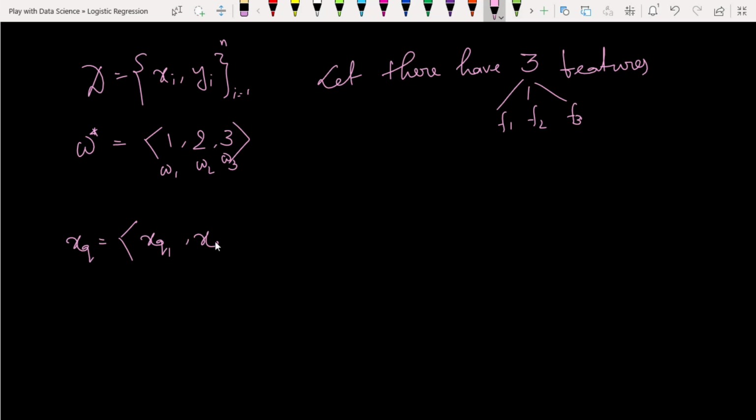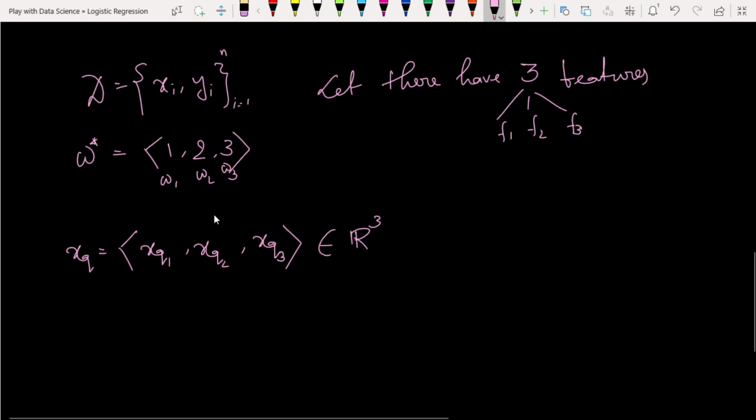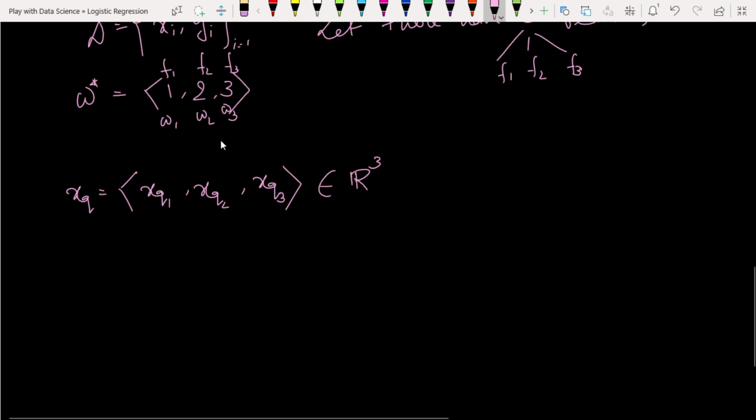Our query point is xq1, xq2, xq3, because we have 3 features, so our data point as well as the query point belongs to R3.